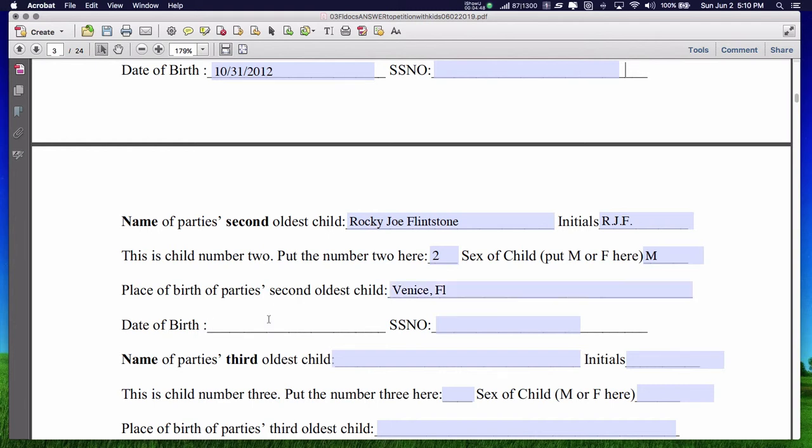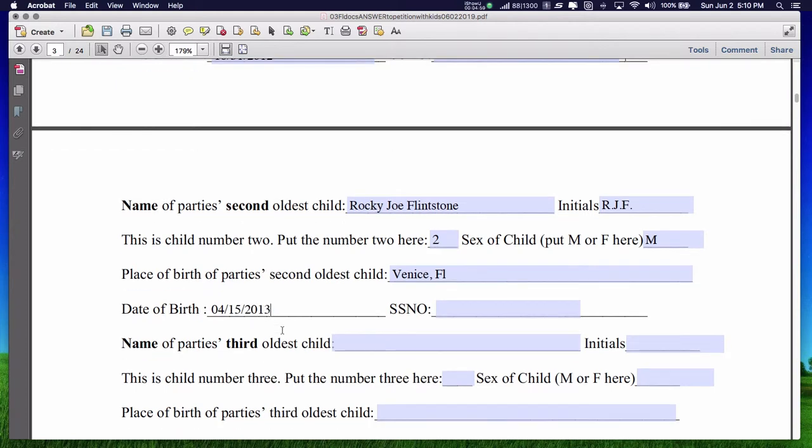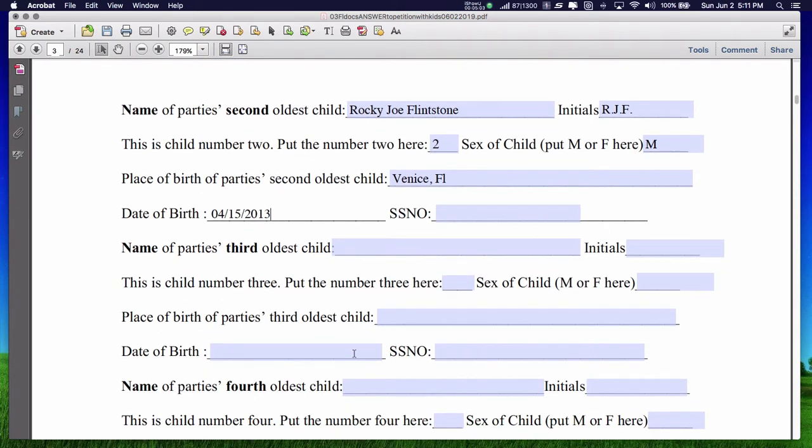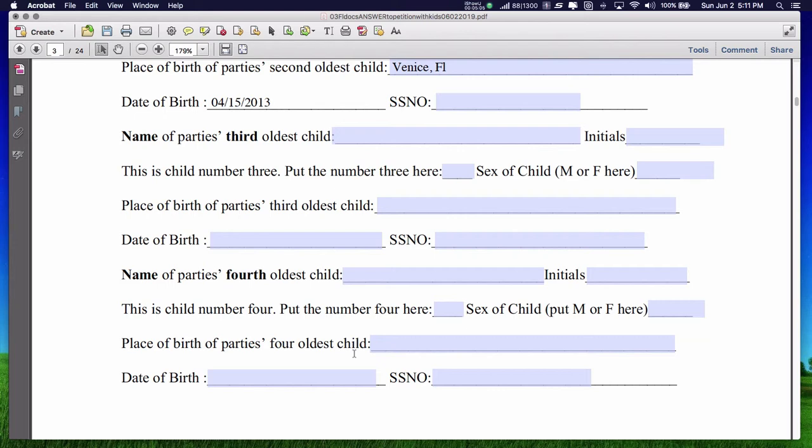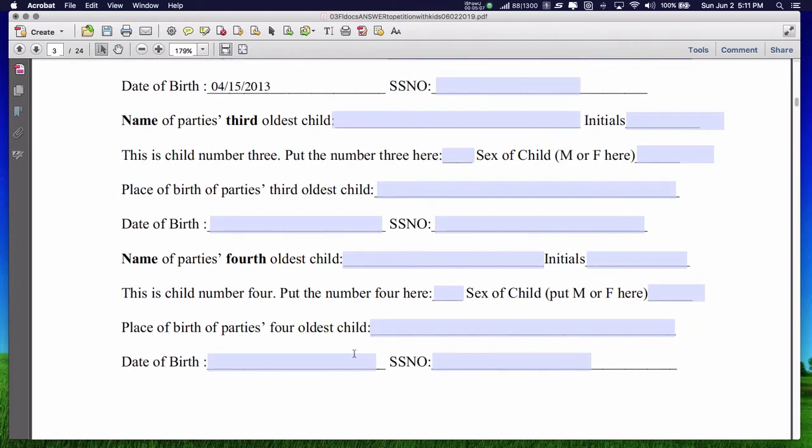You don't use zip code. And date of birth, let's say Rocky's a little bit younger. How about, I don't know, April 15th, 2013. All right, and there's a place for his social, but you don't need it. Now, if you've got a third child, fourth child, you can put those in. And if you have a fifth child, you can list it in the UCCJEA later.